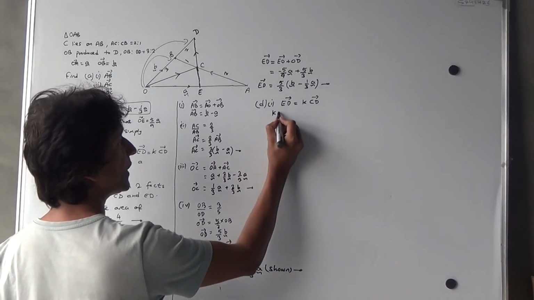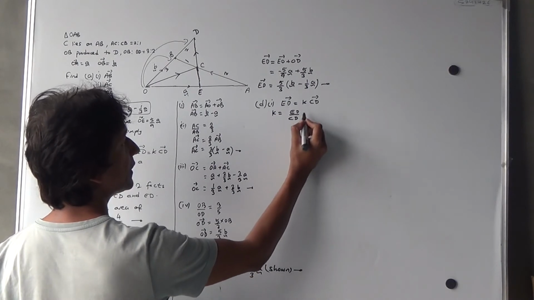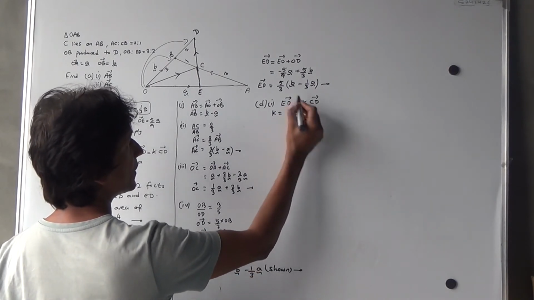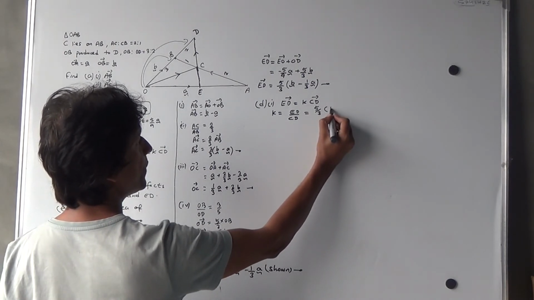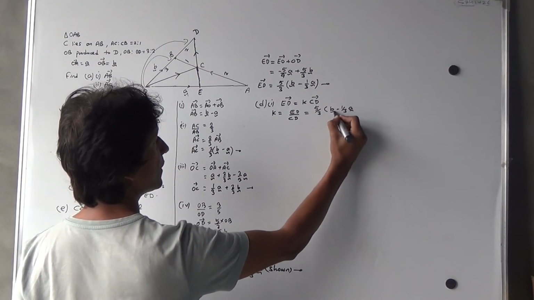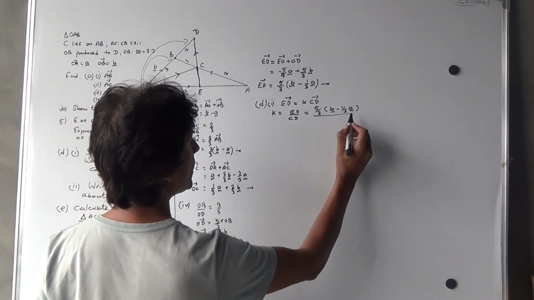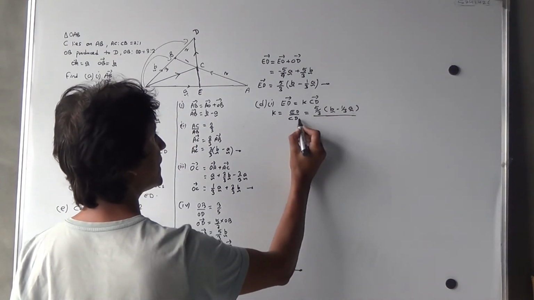So k is going to equal ED divided by CD. If we take ED, this is 5 over 3 into B minus 1/3 vector A, all divided by CD.